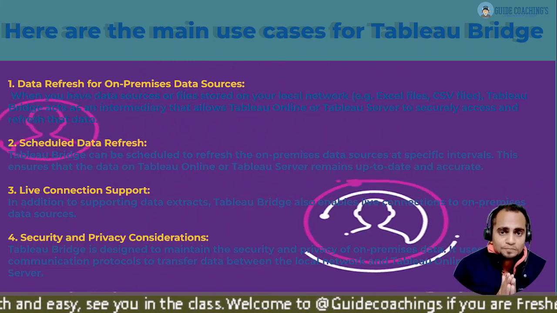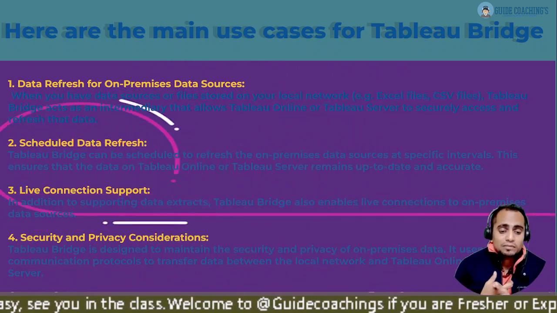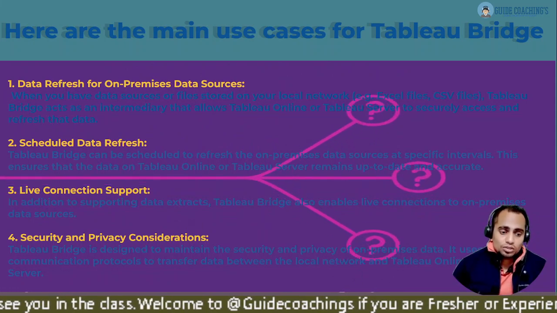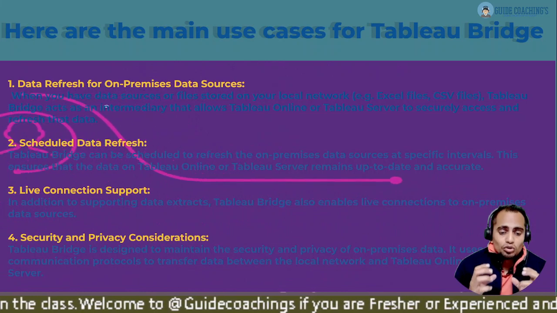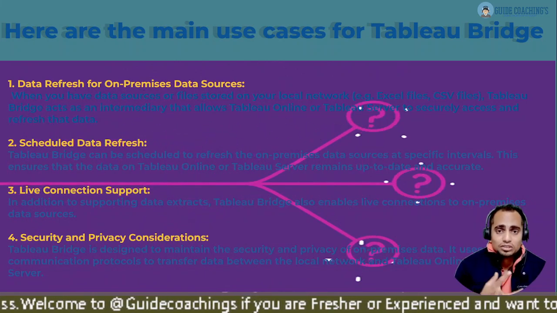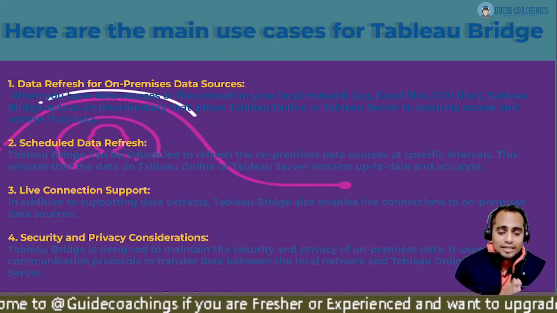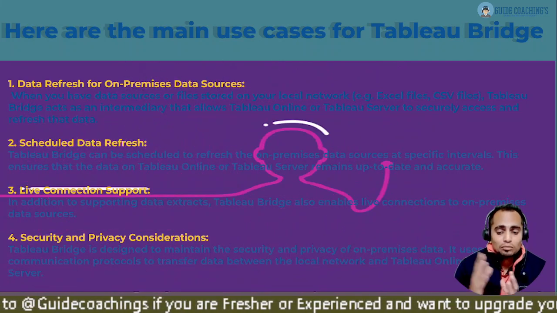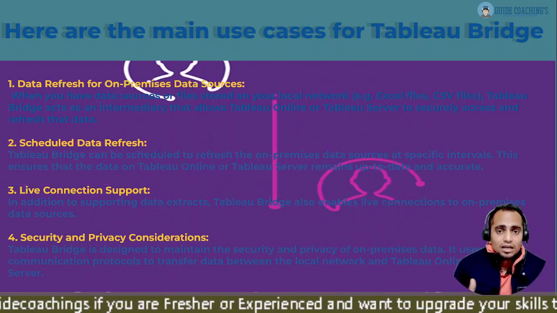The first and foremost is data refresh of an on-premises data source. When you have data sources or files stored on your local network such as Excel sheets or CSV files, Tableau Bridge acts as an intermediary that allows Tableau Online or Tableau Server to securely access and refresh the data onto the server.